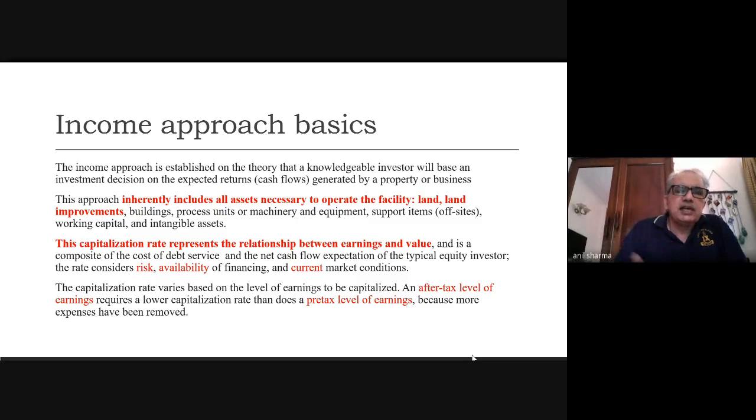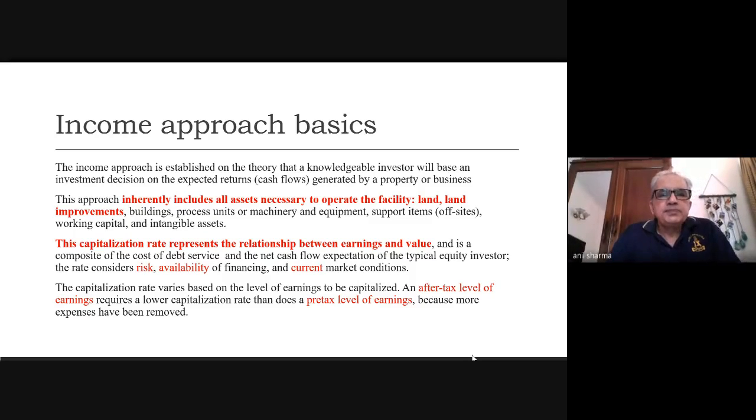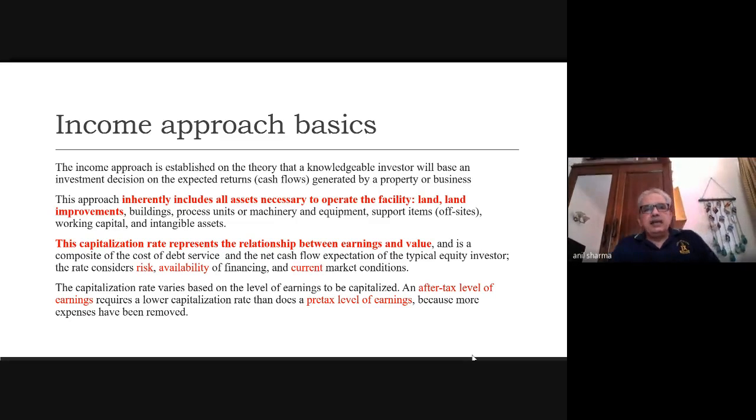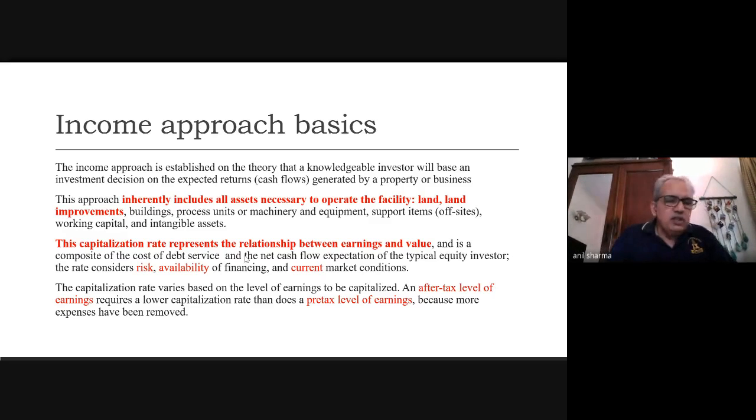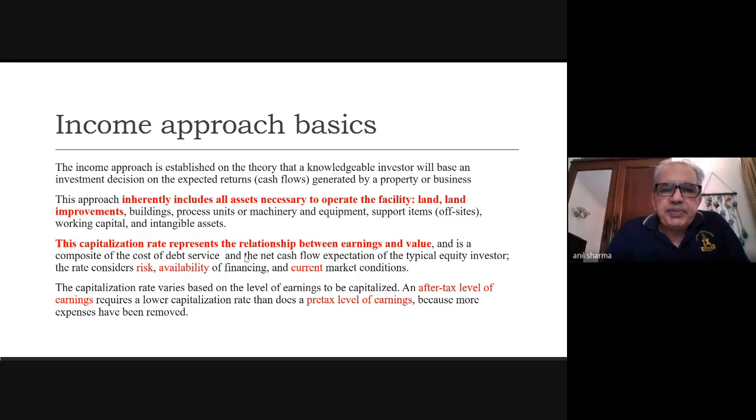When you apply this approach, you consider all the possible assets used to operate the facility: the land and the building, the process units or machinery and equipment, all sorts of assets that help you in generating the income, right?